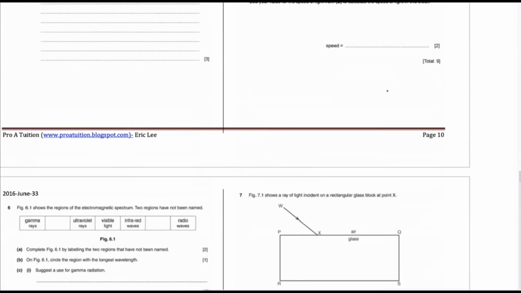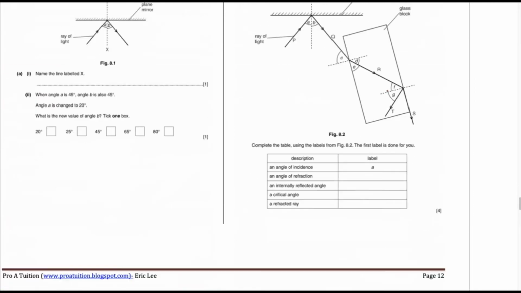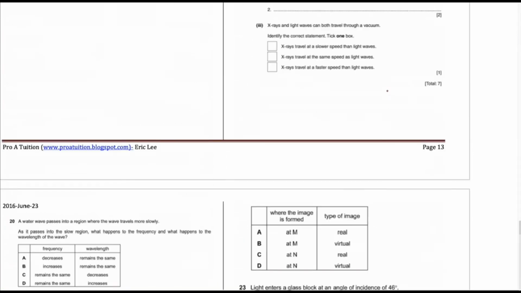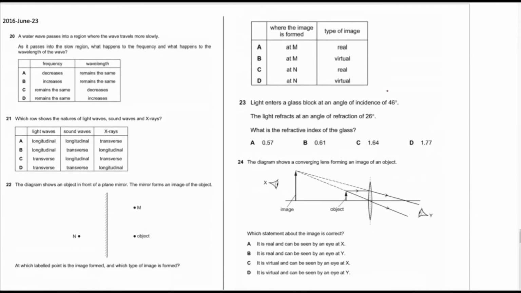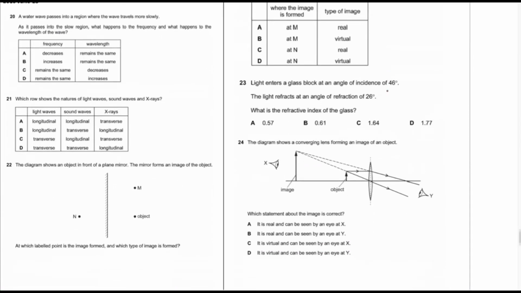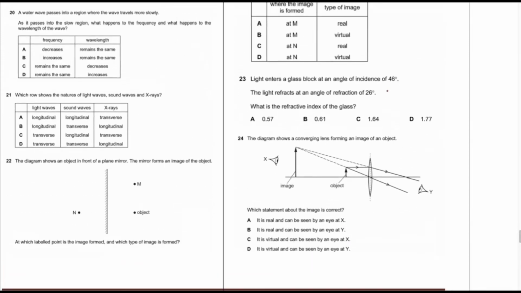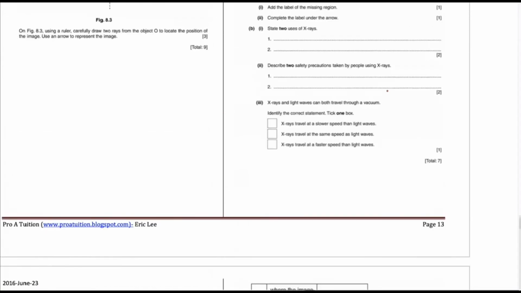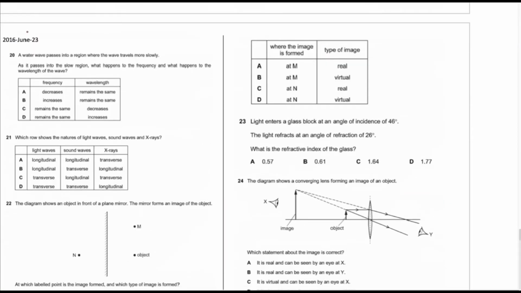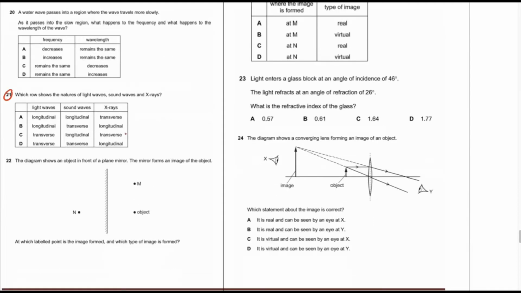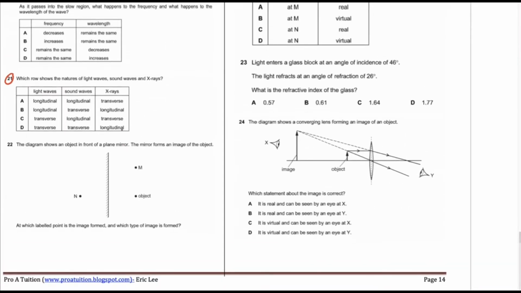We look at multiple choice. The question that we can do, for example, is question 21 on the left, on page 14.